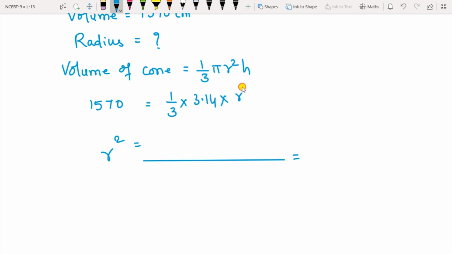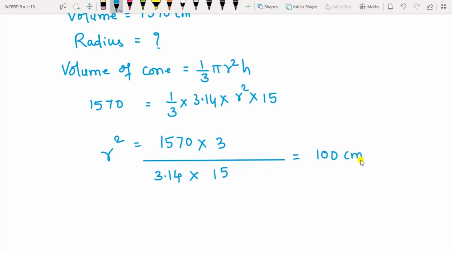Since you need to find r square here, bring all the numbers to the other side. So r square is 1570 multiplied by 3, the whole upon 3.14 into 15. On doing the cancellation, you get the answer as 100 here.